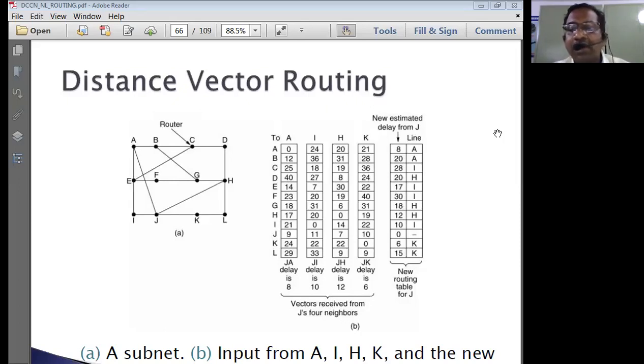It has to find out the route between the source and the destination. For this purpose, it is going to prepare three types of routes. One is based on the number of hops. Second one is based on the time delay, the time it takes for a packet to travel. And third one is the path length.